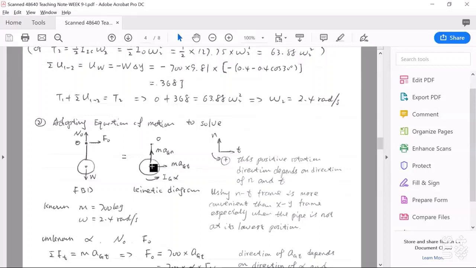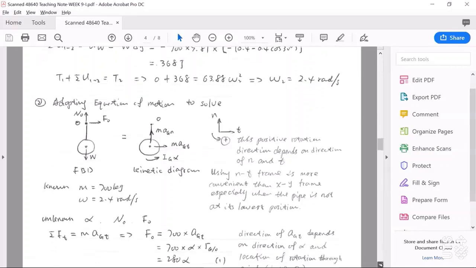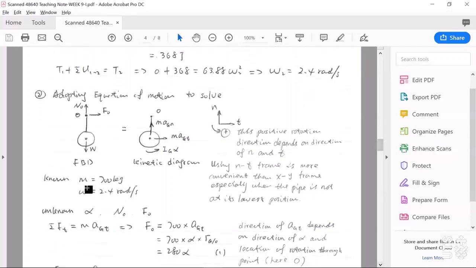In this kinetic diagram, we give alpha, we give AGT and AGN. Okay, we already know the mass of this pipe. We already worked out the angular velocity at this instant is 2.4.